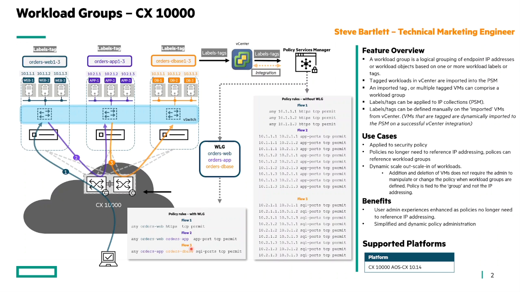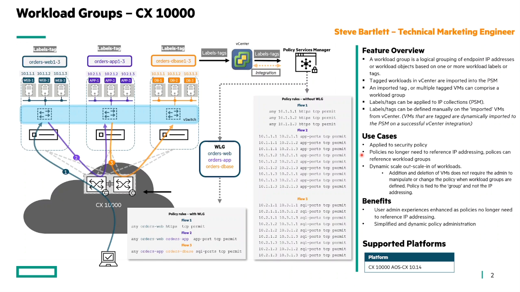This all applies to security policies. Policies no longer need to reference IP addressing. They can reference the workload groups, and behind the workload groups we have these tags imported from vCenter.